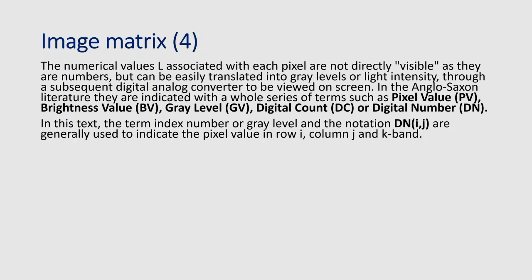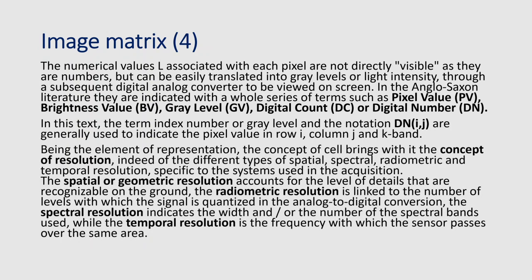So we are using this notation DN in I and J to indicate a cell value in row I and column J in the K generic spectral band.